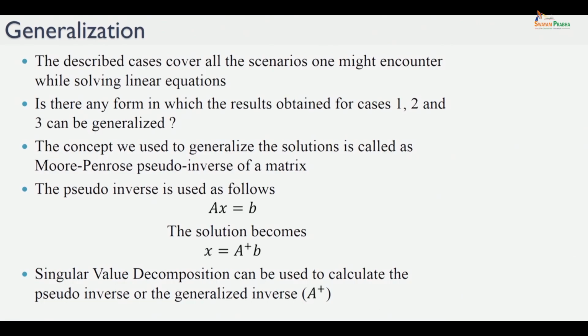And we saw that one case is an exact solution if it's a full rank matrix, and if it's not a full rank matrix, then you could have infinite solutions or no solutions. And interestingly, the next 2 cases cover these 2 aspects. When I have a lot more equations than variables, I have a no solution case, and when I have a lot more variables than equations, I have an infinite solution case.